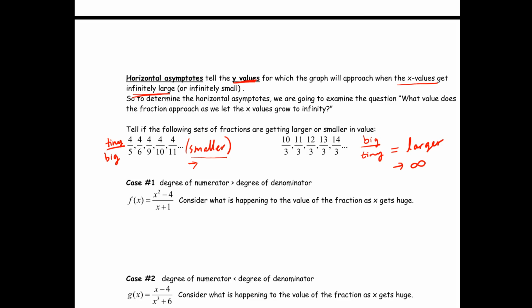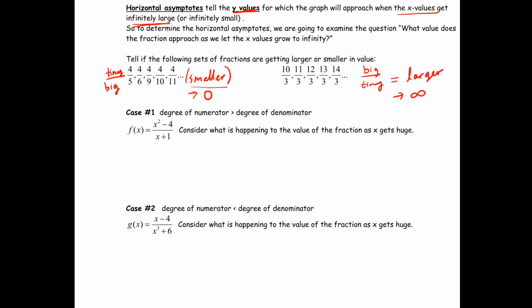Let me look on my calculator. 0.004. So 4 over like a billion would be 6 zeros and then 4? So what are they all approaching? They're all approaching 0. This is what you want to think of as you're looking at horizontal asymptote. What are the values of the fractions approaching?